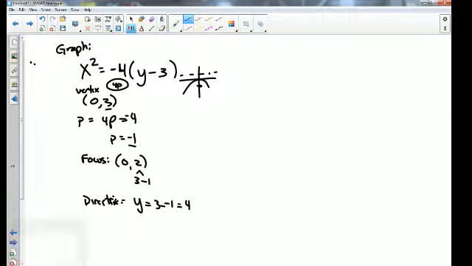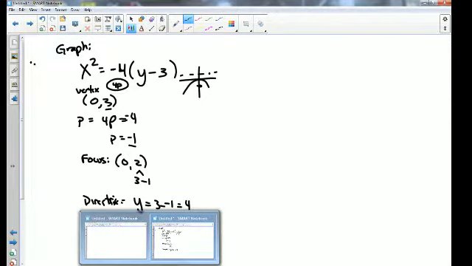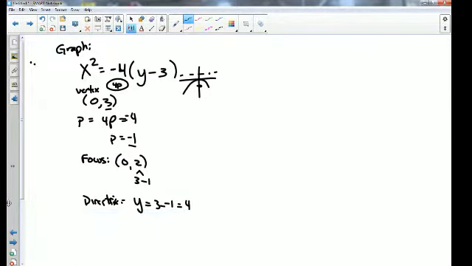This is the value of p. So we add, and since it's a negative, it drops it down. And this is the value of p as well, so we'd subtract it to get the directrix, but that ends up, of course, adding it. So y equals 4. What's the axis of symmetry? X equals 0. There you go. Matches up with the vertex x value.